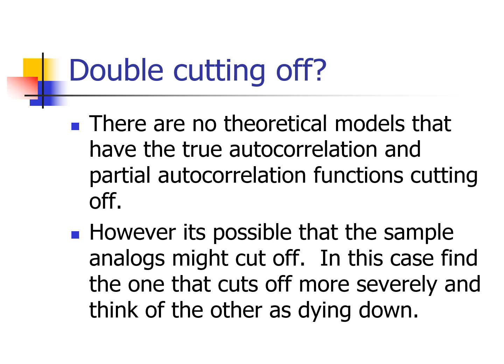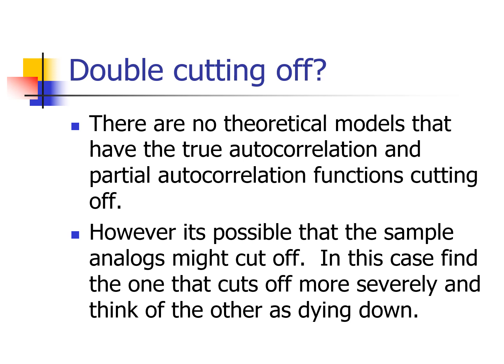Now, what if I look at my SAC and my SPAC and it looks like they're both cutting off? Sadly, in most real life situations, and even a lot of fake data sets, you look at the SAC and the SPAC and it looks like they're both cutting off. It turns out that there are no theoretical models in which that happens. So even though your sample version may look like that, it's just a little bit of noise, and maybe one is dying down very fast.